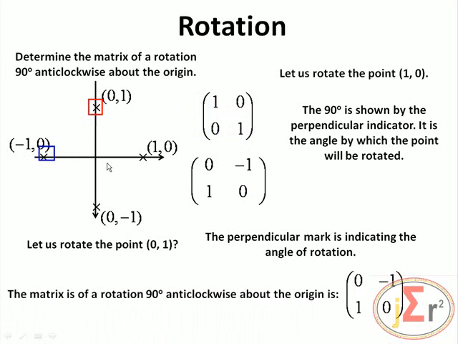The matrix of a rotation 90 degrees anti-clockwise about the origin is, read that horizontally, 0, negative 1, 1, 0. And of course, we are seeing at this point that it does matter the direction in which we read our matrix.